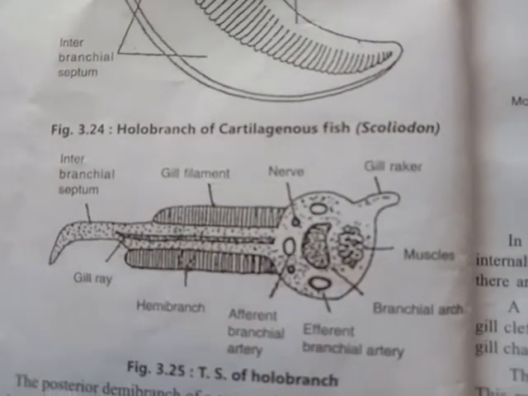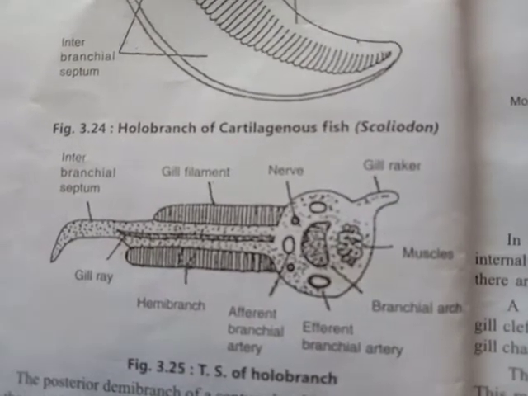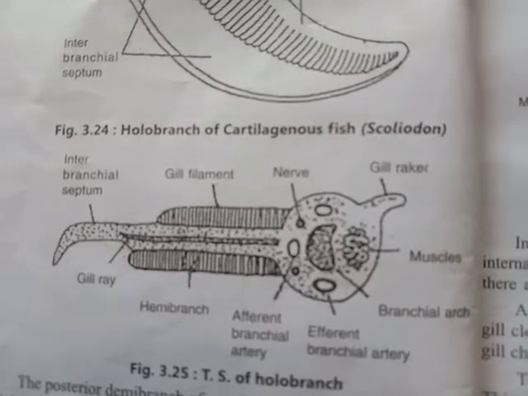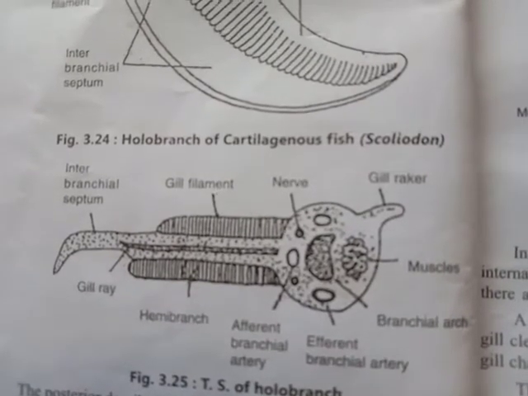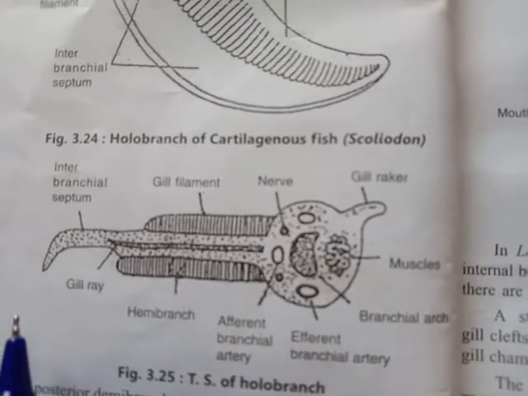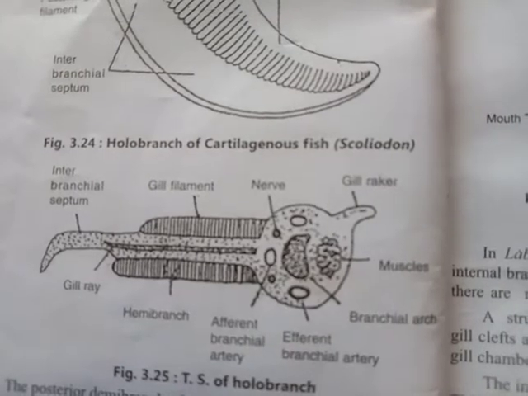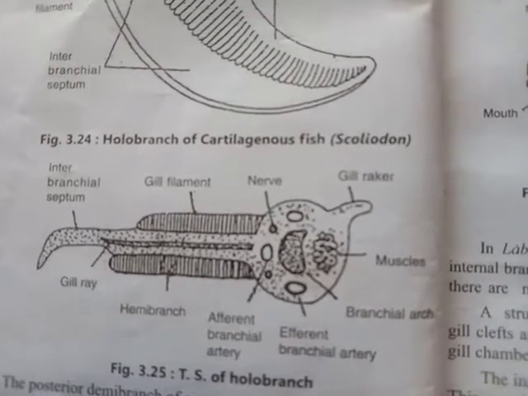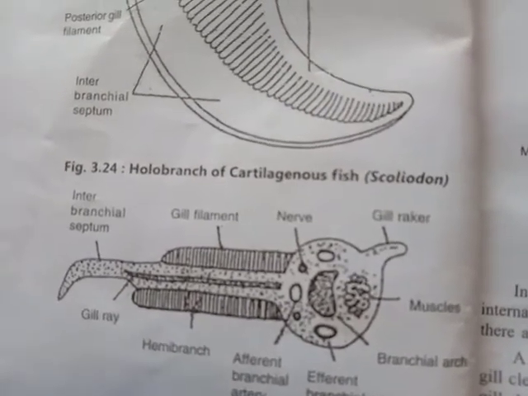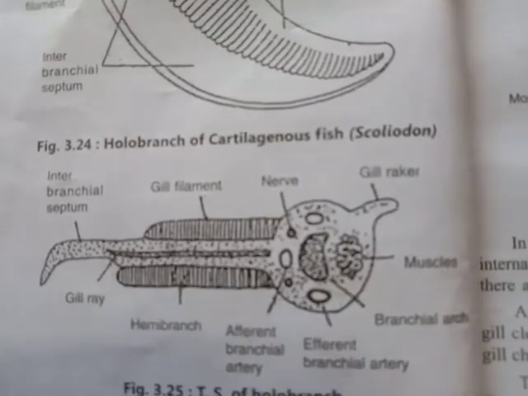In cartilaginous fishes, the interbranchial septa extend well beyond their gill filaments and bend posteriorly. These then form flaps. These flaps protect the gill filaments as well as the external branchial apertures.